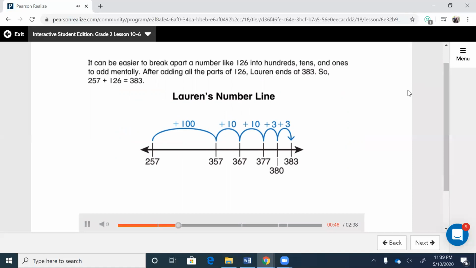It can be easier to break apart a number like 126 into hundreds, tens, and ones to add mentally. After adding all the parts of 126, Lauren ends at 383. So, 257 plus 126 equals 383.